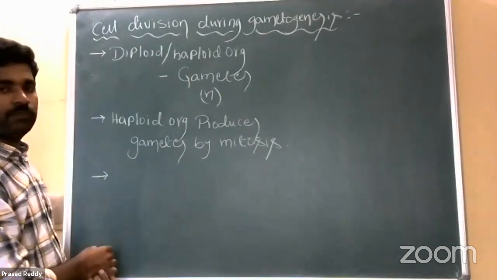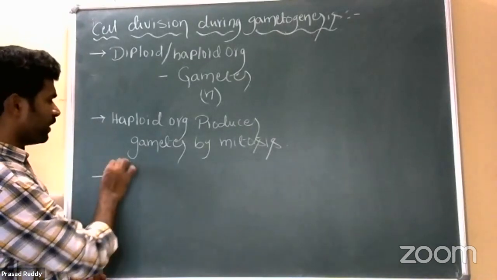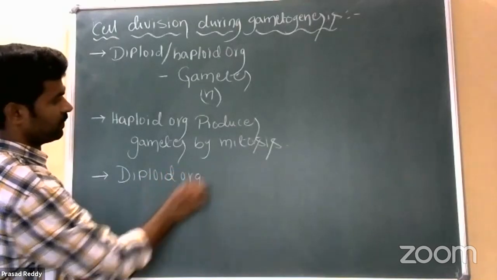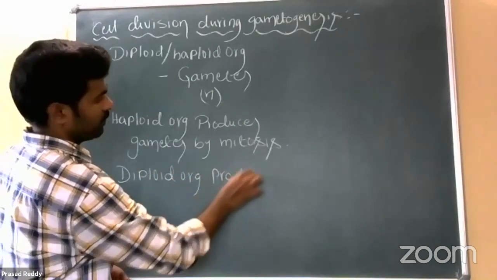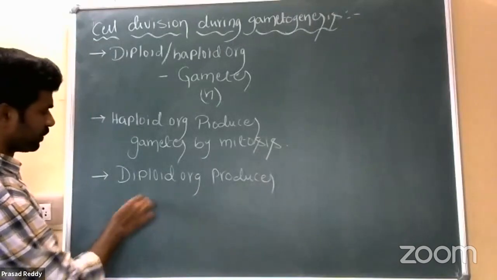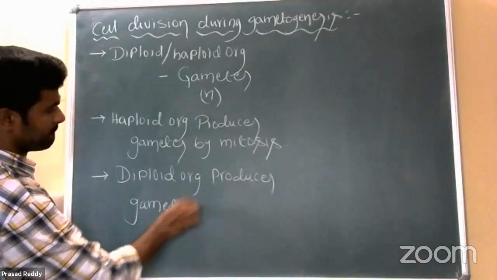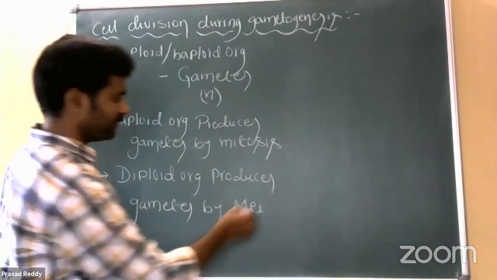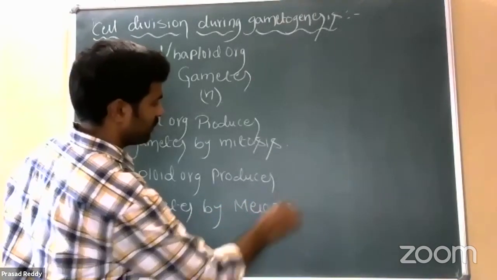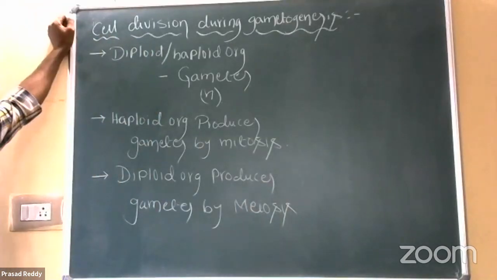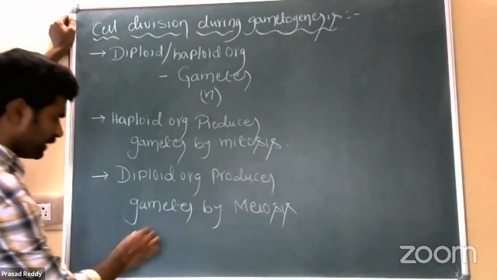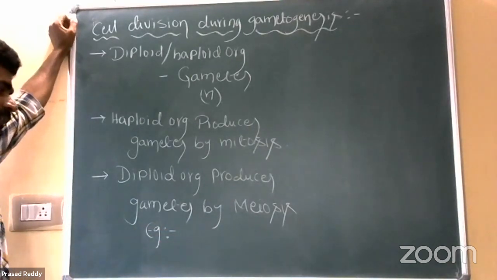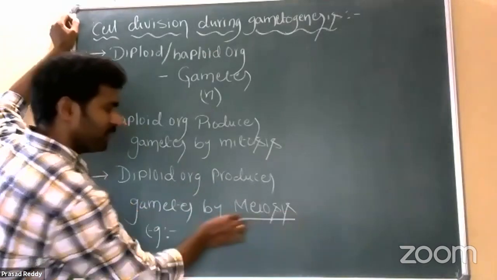Then next one, diploid organisms produce gametes by meiosis division. Rarely mitosis. For example, take diploid organisms. What type of diploid organisms produce haploid gametes by meiosis division?